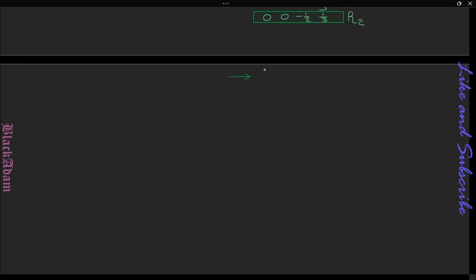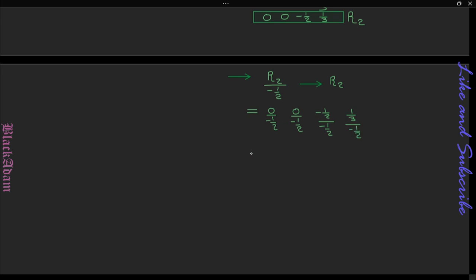So we have row 2 divided by negative 1/2. So that's here, row 2. We actually divide by the leading coefficient, so it's negative 1/2, and that is row 2.